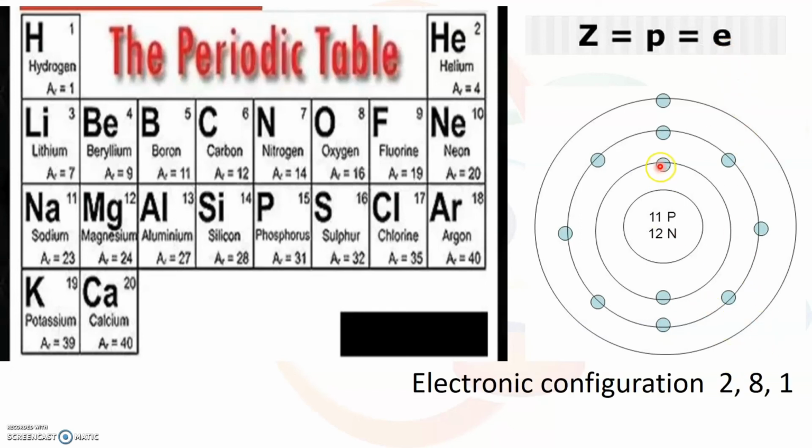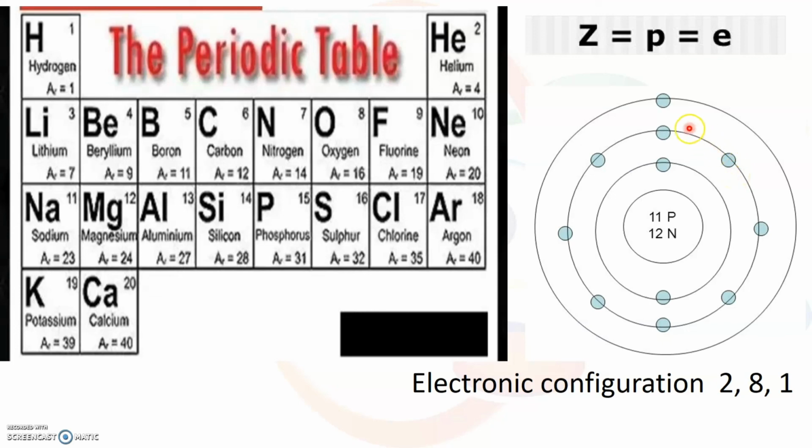We know that the first shell that is close to the nucleus contains only 2 electrons. So out of the total 11 electrons, 2 electrons are placed in the first shell. Now there are the remaining 9 electrons. Out of those 9 electrons, 8 electrons are placed in the second shell, as the second shell can hold 8 electrons. And there is 1 electron remaining.